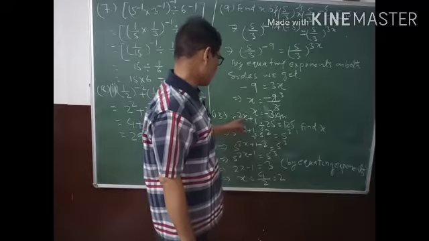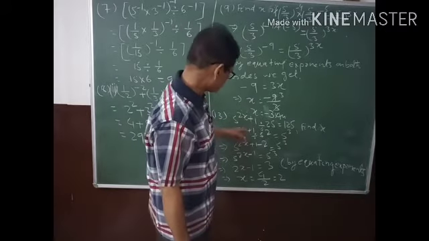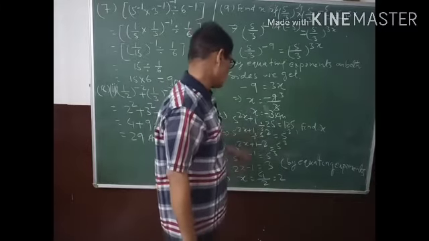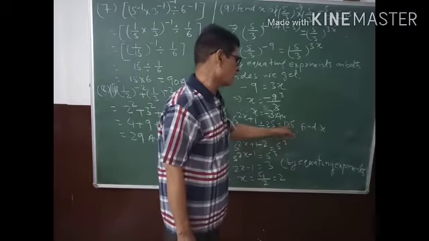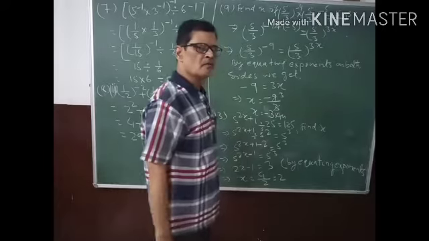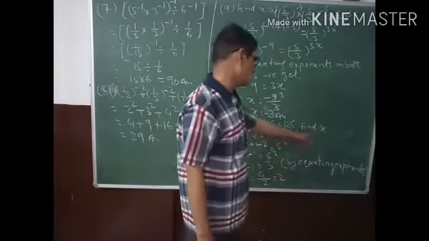This is the last question, 13. 5 to the power 2x plus 1, divided by 25, equal to 125. You have to find out the value of x.